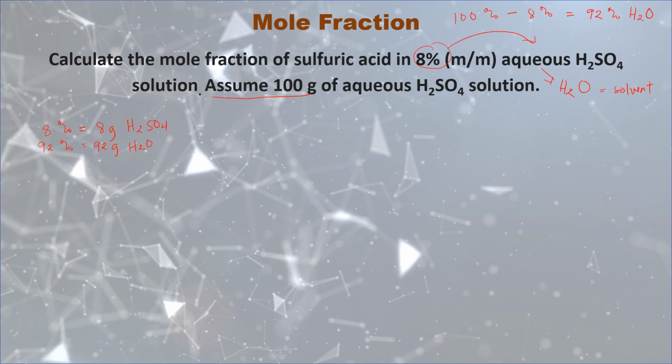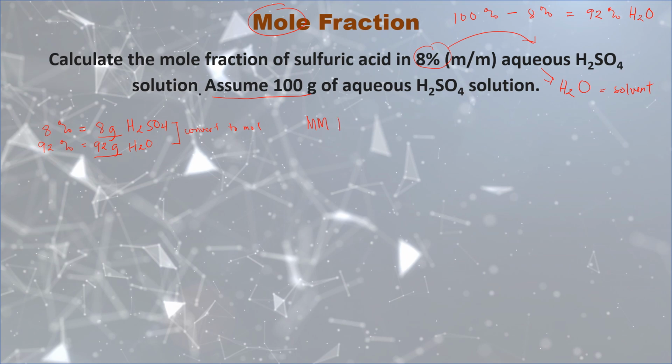As you can see, we have units expressed in grams, and take note, this is a mole fraction. Therefore, we need to convert this to moles. Just a review, when you convert grams to moles, you first need to get the molecular mass of each substance.